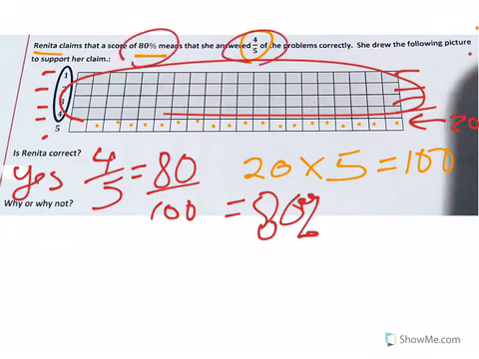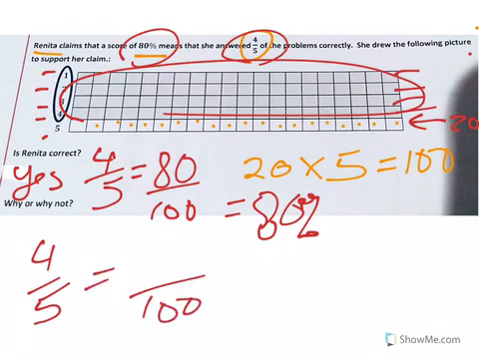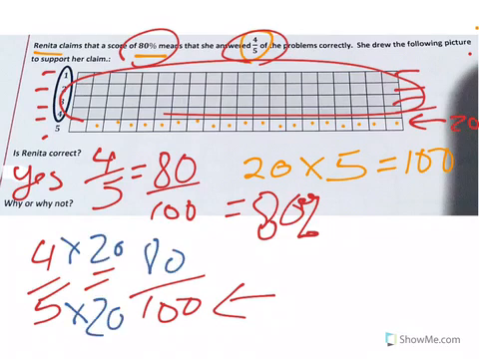You could also just look up here and say, okay, well, it's 4/5. When we convert that to a percent, so out of 100, is this number here going to be 80? And in fact, 5 times 20 is 100. 4 times 20 is 80. It's a goofy looking 8. That's okay. So that does equal 80%.